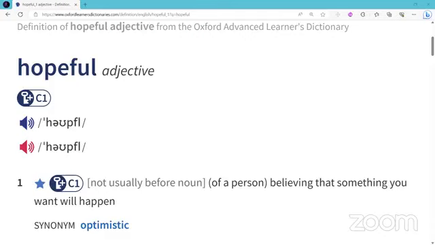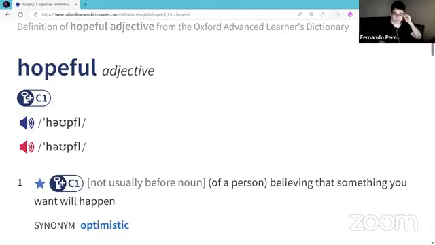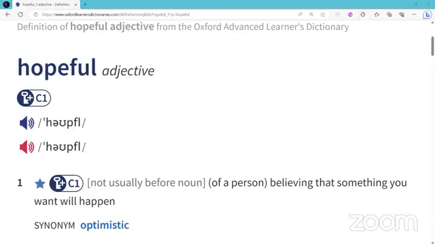I feel hopeful. Pronunciation, get the H sound in English.